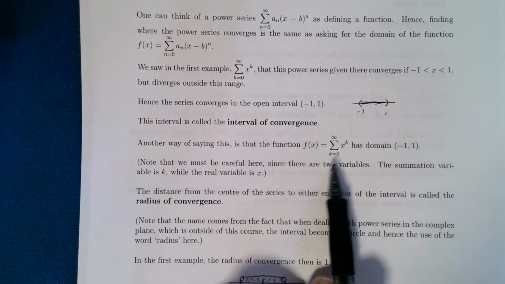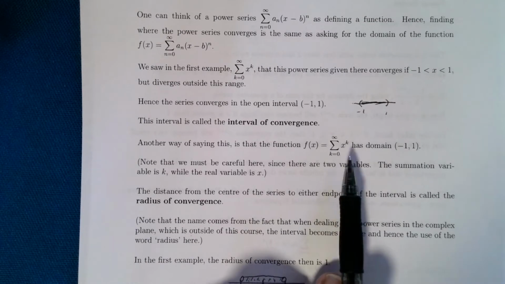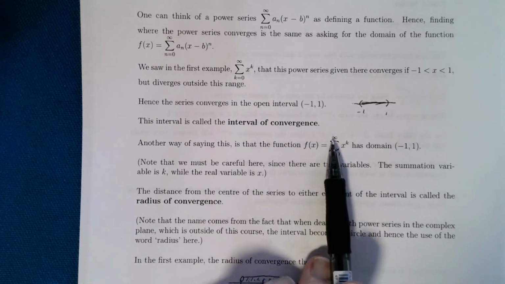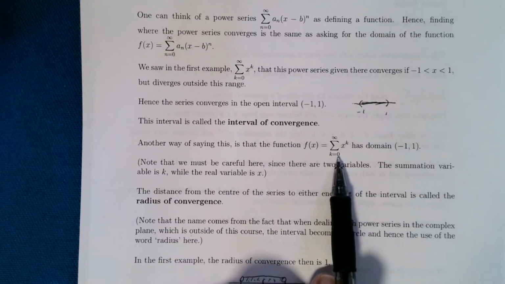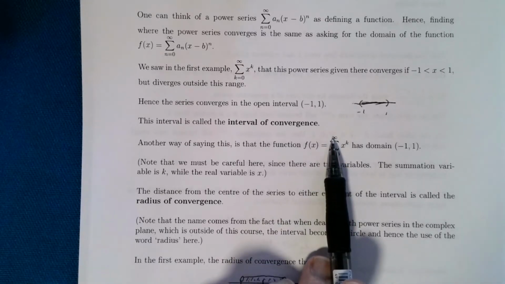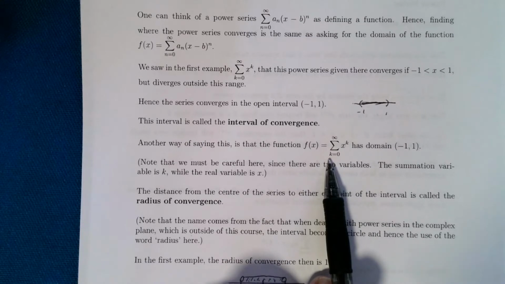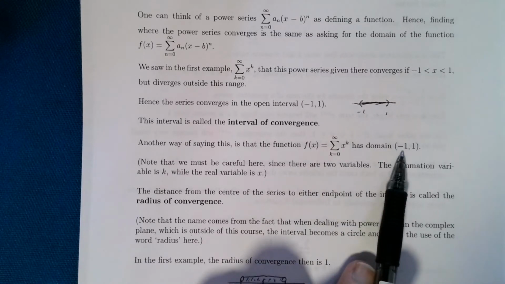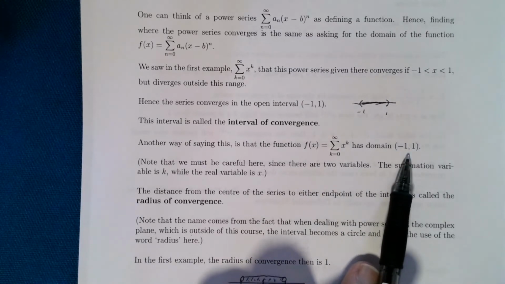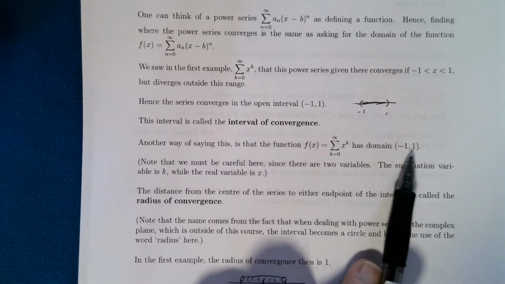Moreover, you might like to try this: if you were to get the computer to replace the infinity with, say, 100 or something, and draw this, you'd find that the picture only works between -1 and 1. And in fact, you'll get asymptotes at the two endpoints.